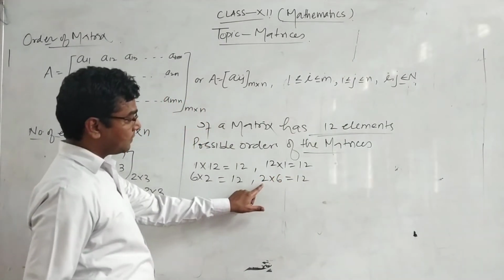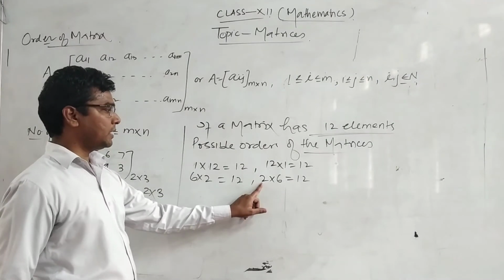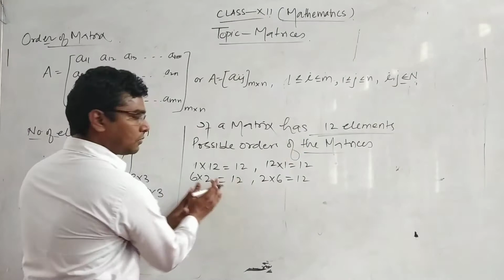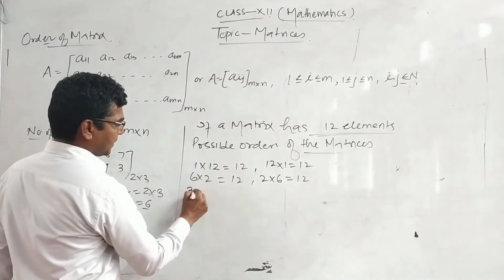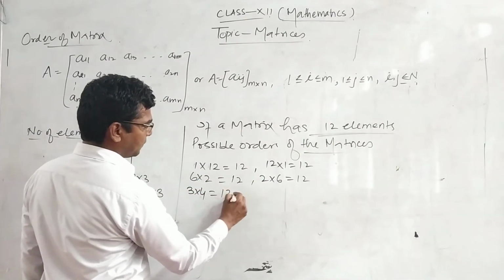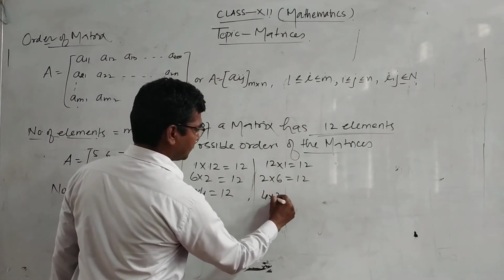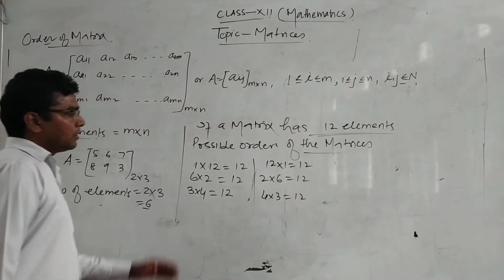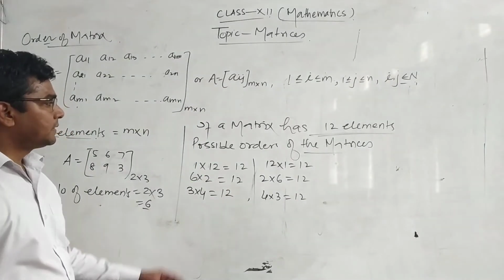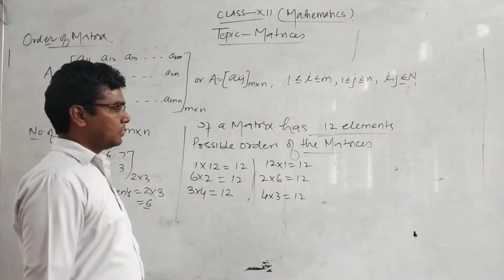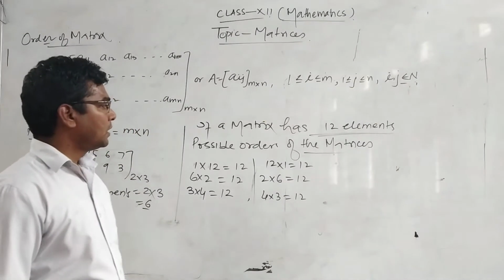But what is the difference between these two? Here the number of rows is 2 and the number of columns is 6. So these are two different matrices. Similarly, you can go with 3 and 4 or 4 into 3, 12. So in this way we can write 6 different matrices having 12 elements. This question may be asked.